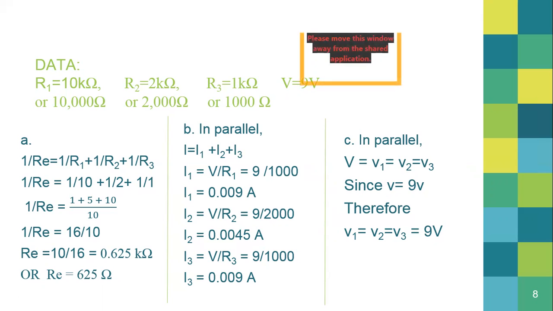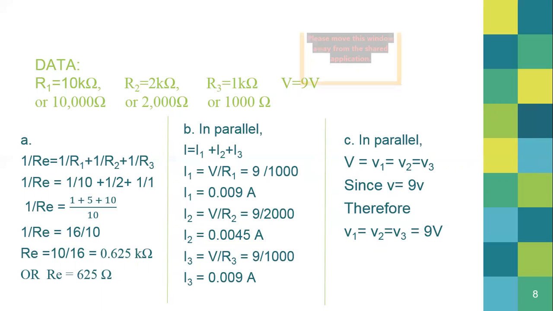Convert it into ohm, because ohm is the SI unit of resistance. So 10 multiplied by 1000 becomes 10,000 ohm. 2 kilo ohm is 2 multiplied by 1000, equal to 2000 ohm, and 1 kilo ohm is 1000 ohm. The voltage of the battery is 9 volt.